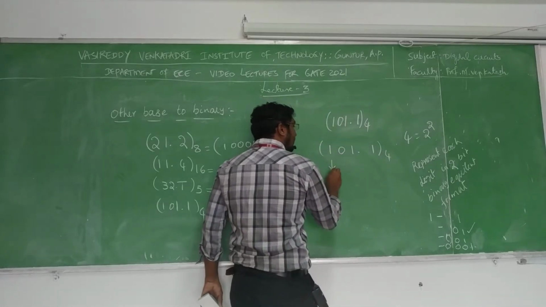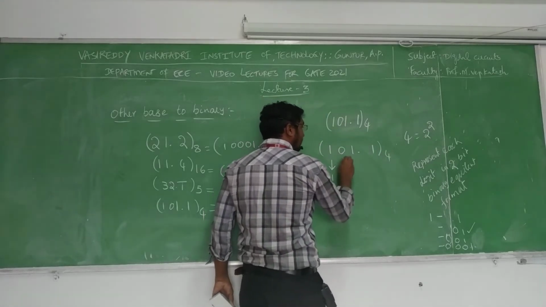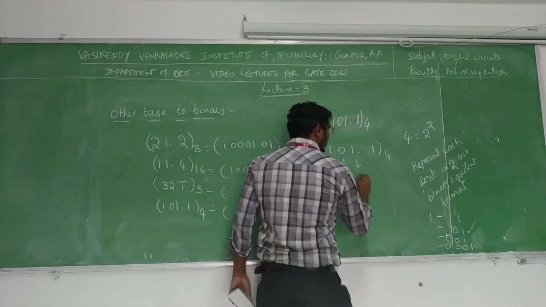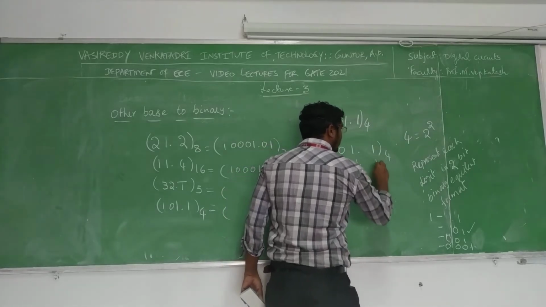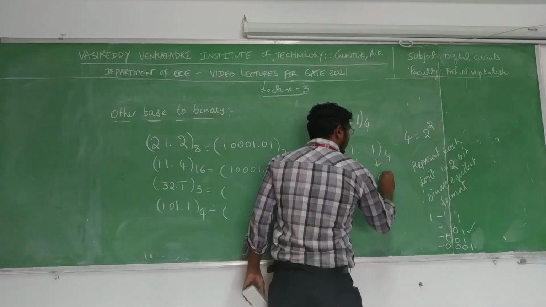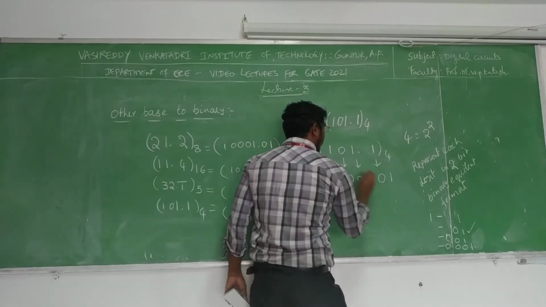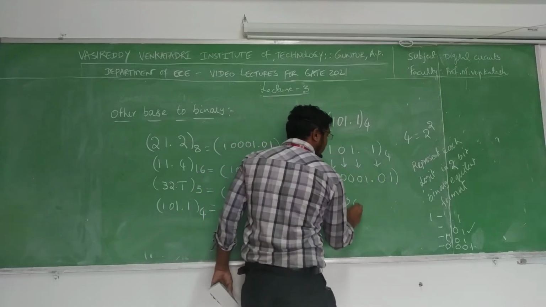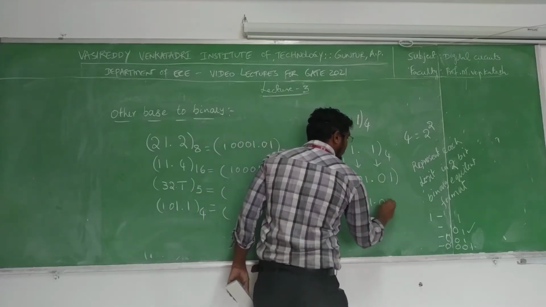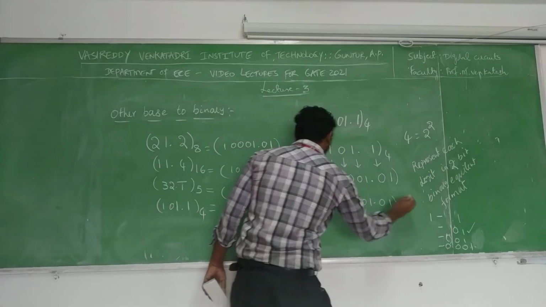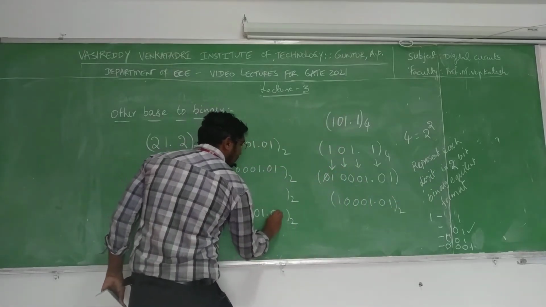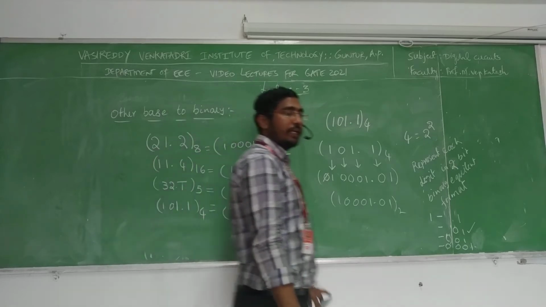Represent each digit in 2 bits. So it's 0 1, 0 0, and 0 1, and again 0 1. And we can ignore the leading 0. It's 10001.1. But like this we can convert.